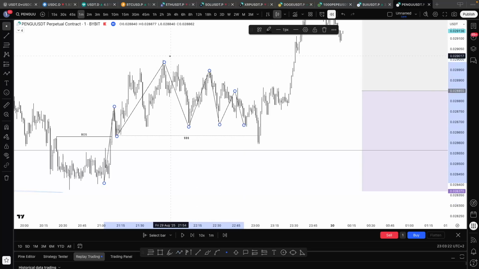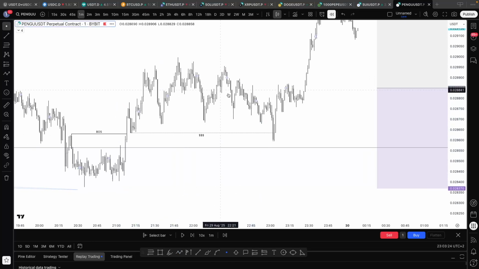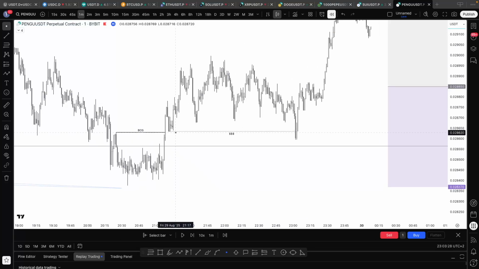And this is all liquidity you leave behind, so that's very nice. And this is just a liquidity grab to go higher.